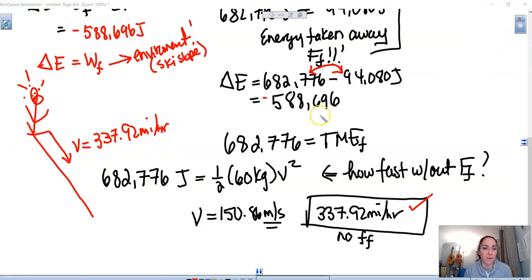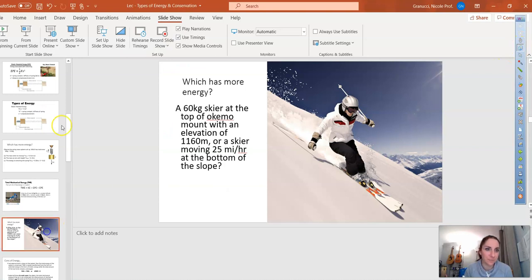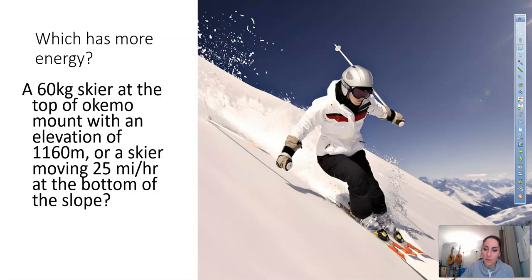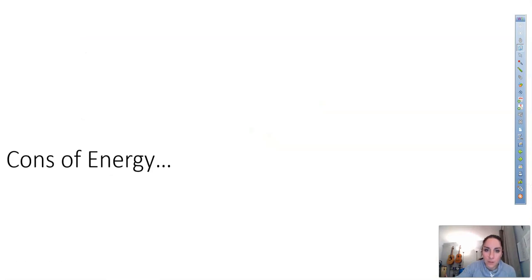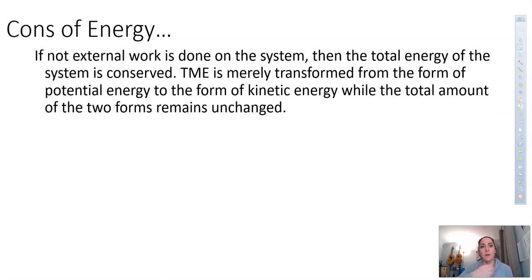So another way to think about and to use energy and conservation. This is the official definition of conservation of energy. No work is done in the system. The total energy remains conserved.